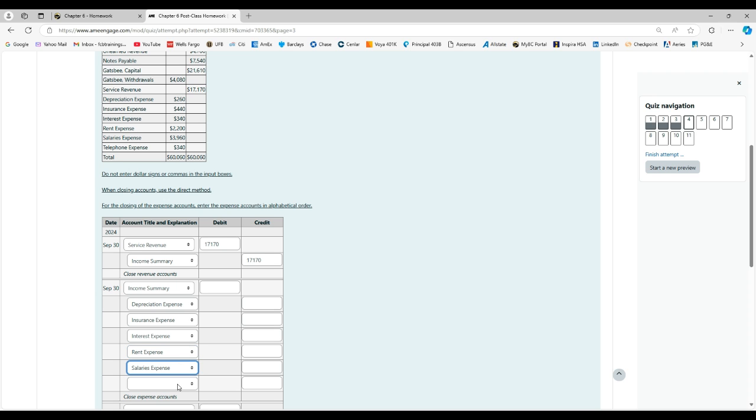Oh, salaries expense, not salaries payable. And then telephone expense. And let's just pop all these in. So here we are crediting every expense account, which is basically, in effect, reducing it to zero to transfer it into capital via the income summary.